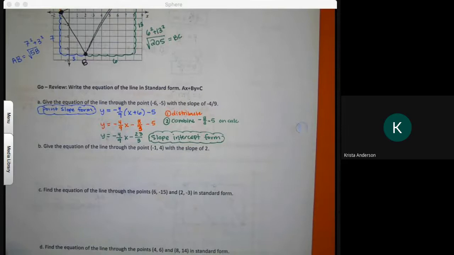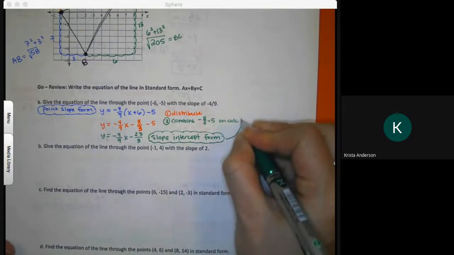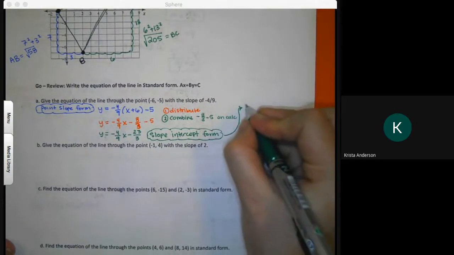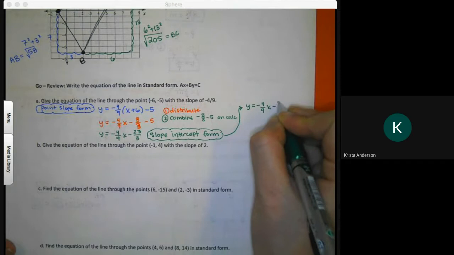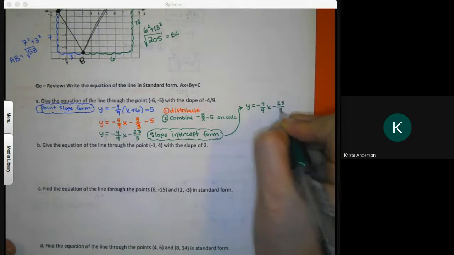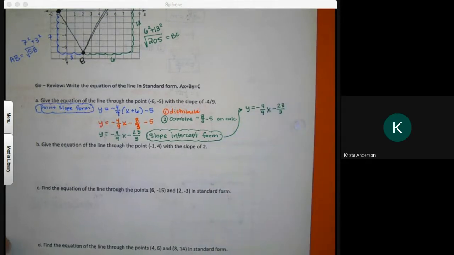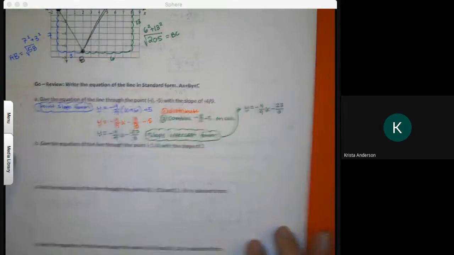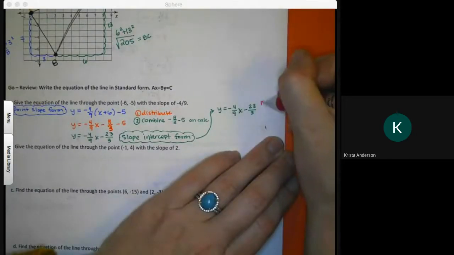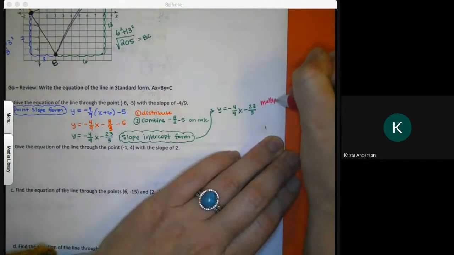I'm going to pull my form over to here. Which number is the biggest number on the denominator? 9.